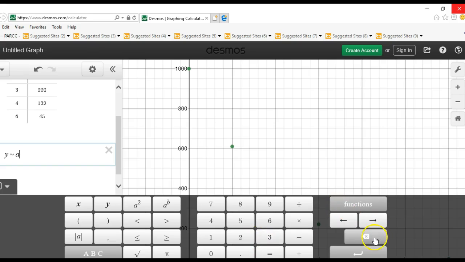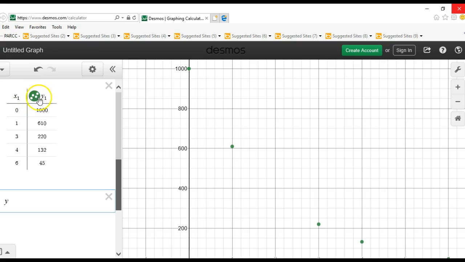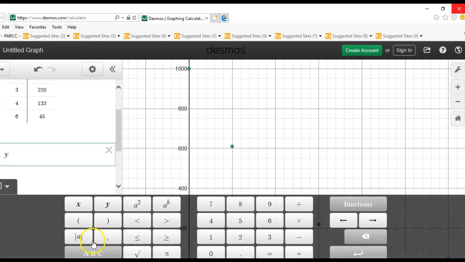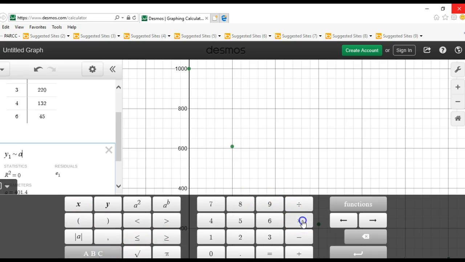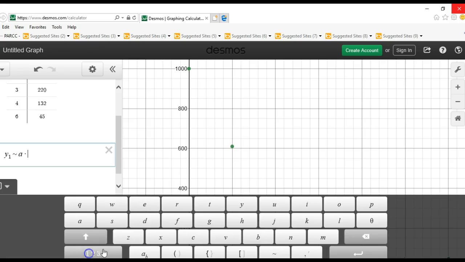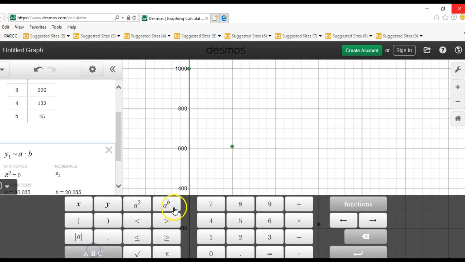Oh, I take this back. The reason why I take this back is if you look at our table, it uses x1 and y1. So I actually need to put y1, then put approximate, and it's A times B. I need to raise that.